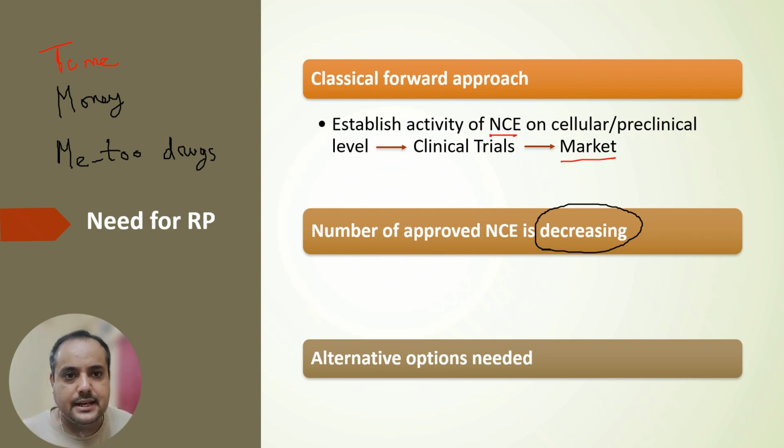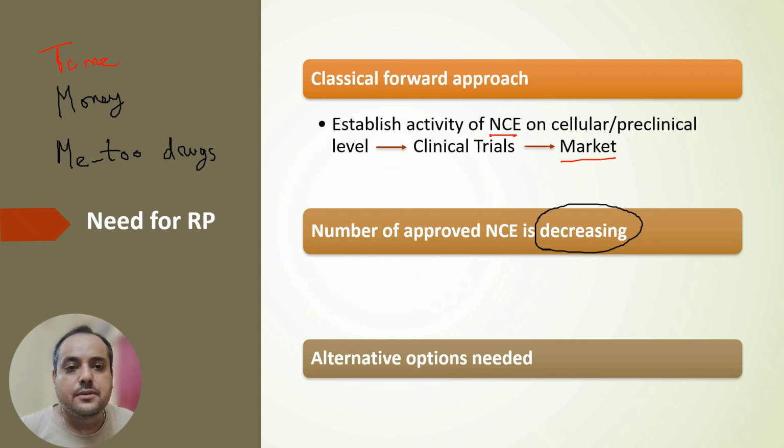So this conventional method is not going to cut it, because the new chemical entities are decreasing, but the diseases that we are encountering are becoming more and more evolved. So we need a process so that we can quickly develop chemical entities into potential drugs. And that is where the concept of reverse pharmacology comes into being.